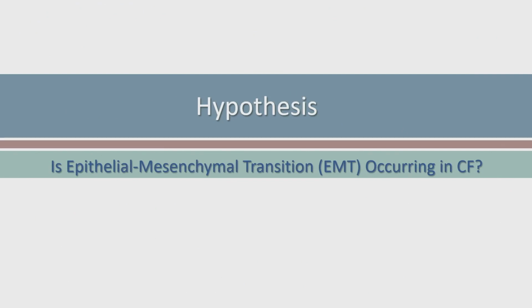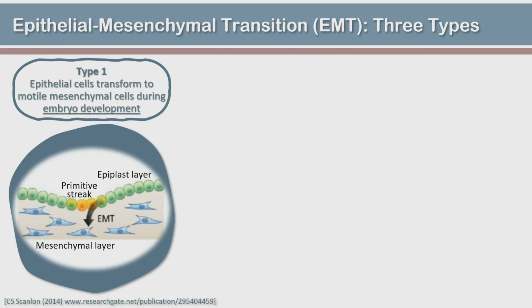Another hypothesis that we put forward to try to explain what is happening here with CF cells is this process of epithelial mesenchymal transition. Is it occurring in CF? There are actually 3 types of epithelial mesenchymal transition, which, as you can imagine, is exactly the opposite of epithelial differentiation from mesenchymal into epithelial.